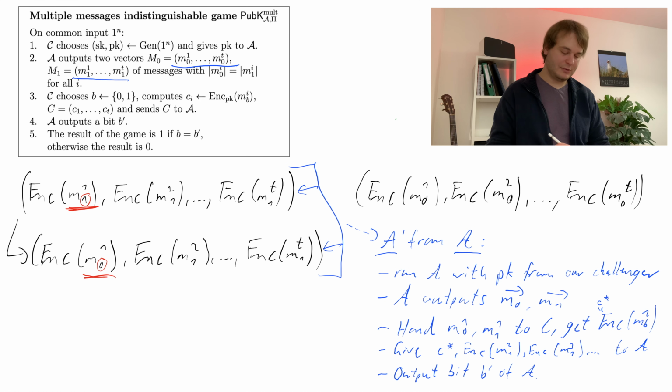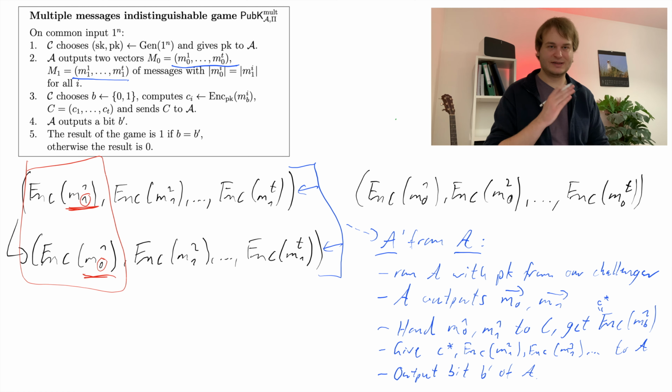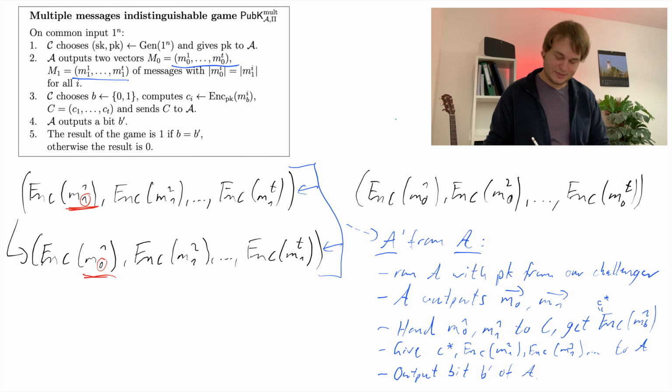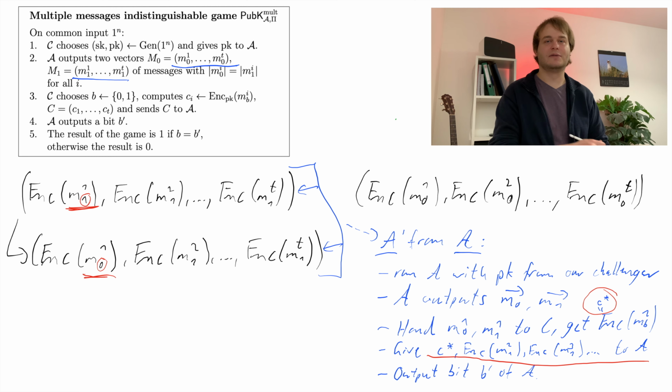Essentially, we will just smuggle our challenge ciphertext into this first component of the ciphertext vector. We do this by asking our challenger for an encryption of either M01 or M11. And then we take this encryption and just embed it into this vector of ciphertexts that we give to A.